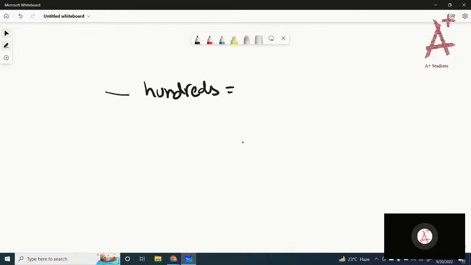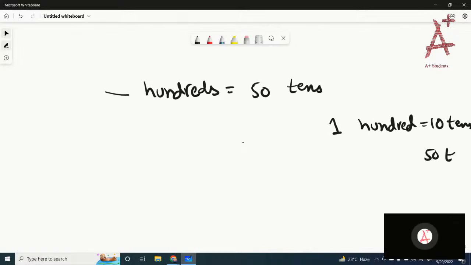When you have 50 tens, you need to count how many hundreds do we have. So in 100, you have 10 tens. So when you have 50 tens, how many hundreds do you have? They are 500s. Got it?